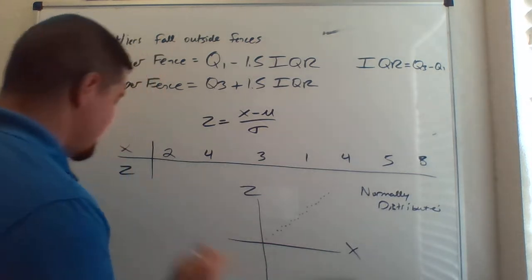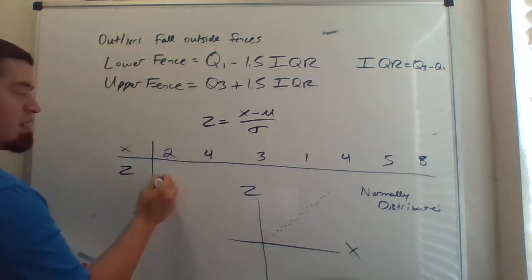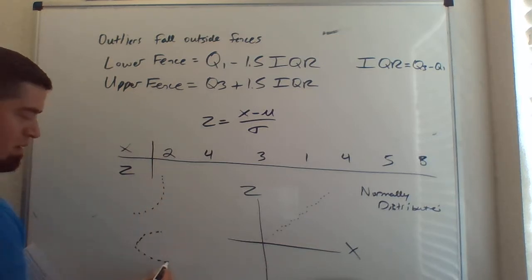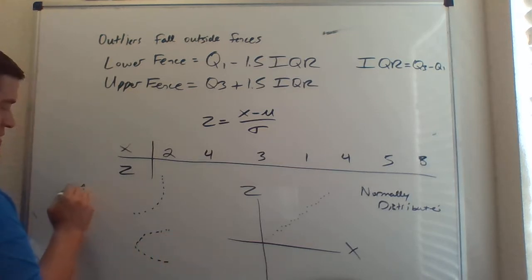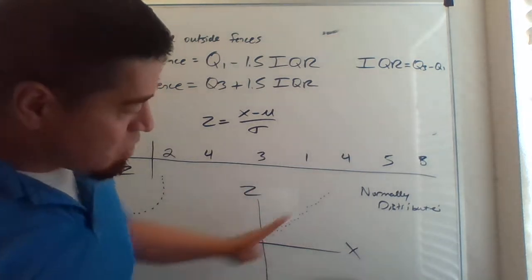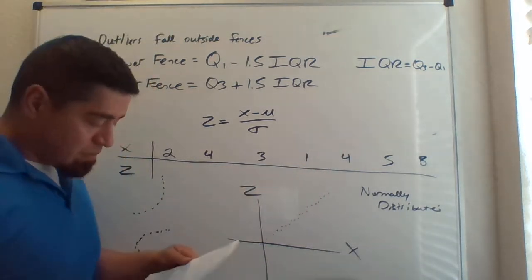So it can't be this. This shows some other kind of exponential. It can't be that. It can't be, you know, like a parabolic shape or something like that. It can't be any other shape other than a linear straight line pattern.